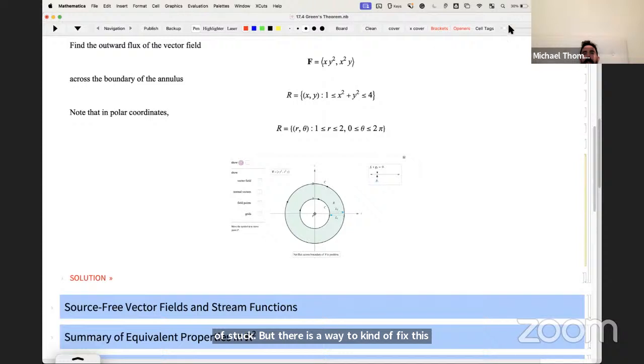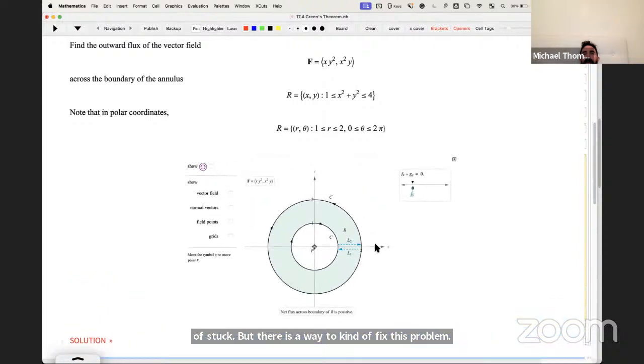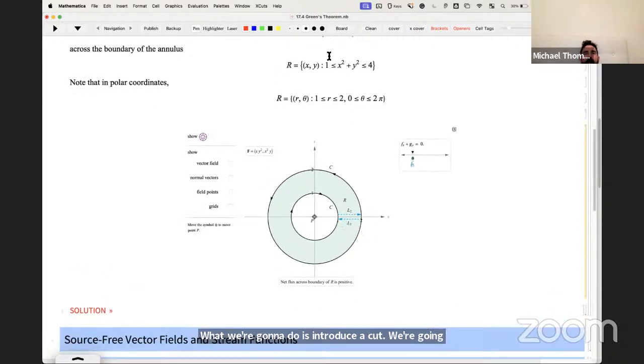What we're going to do is introduce a cut. We're going to take our region and we're going to add in a cut right here. If we add in this cut, then basically we've got this C. Hopefully you can see there's a C here. It's like the letter C, right? And there's a tiny little space right there.